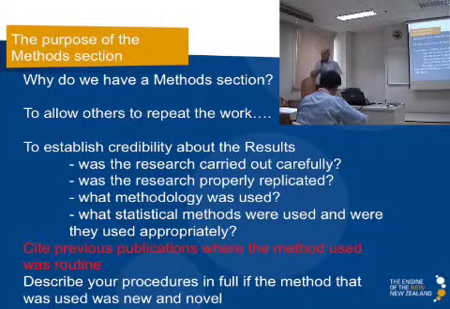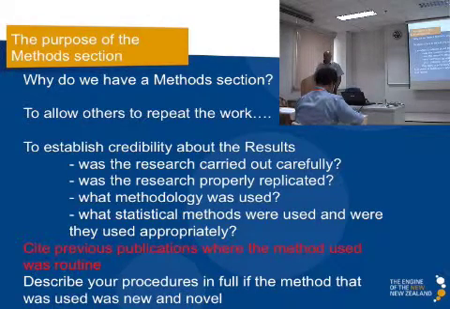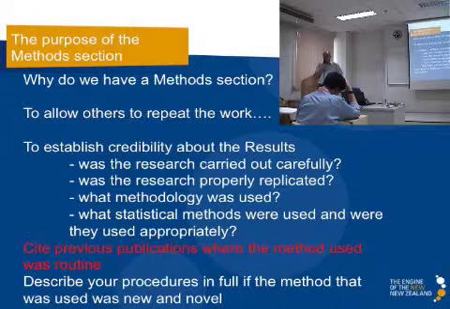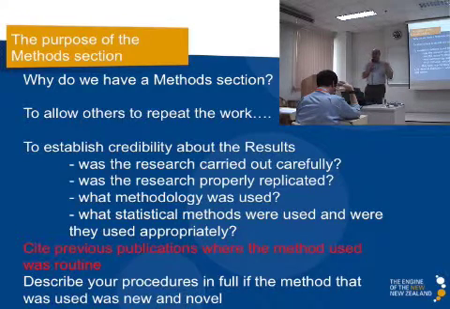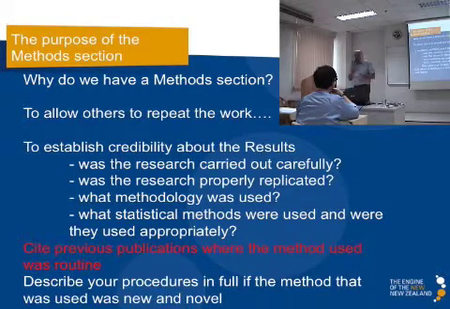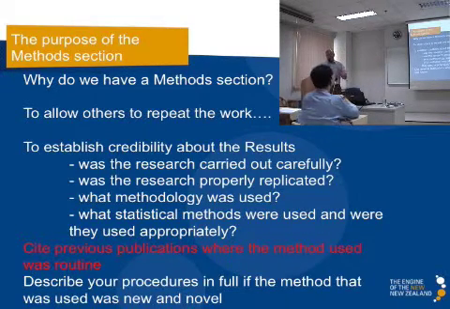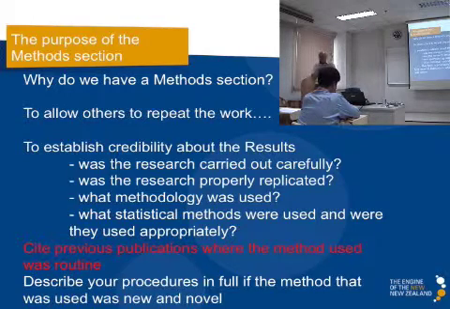When you are writing your work, if you've used somebody else's method, you don't need to describe that again. So if you used Hoagland's solution as the liquid medium for growing your plants, then you cite Arnon and Hoagland, 1939 I think was the reference, without having to go into all of the detail.